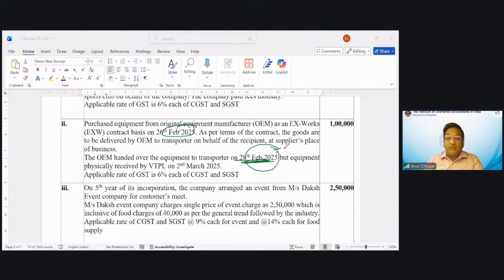It means this will be the date of receipt of goods or services, and this would be available for ITC in the Feb itself. So what is the rate? 6%. At the end, you need to calculate how much is the CGST and how much is the SGST. Let me discuss. For the time being, we are discussing the question only.